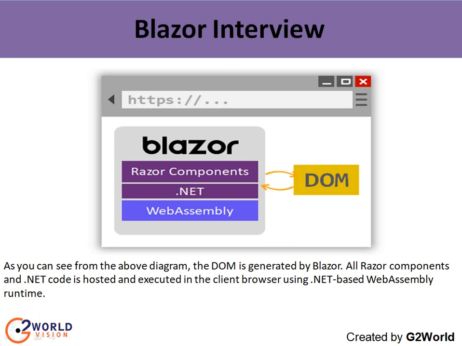As you can see from the above diagram, the DOM is generated by Blazor. All Razor components and .NET code are hosted and executed by the client browser using a .NET-based assembly runtime.